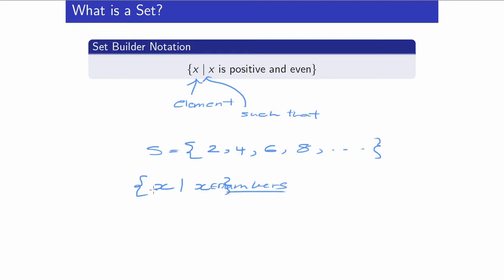Now this could also be done for the alphabet: x such that x is an element of the alphabet. So keep in mind that x doesn't have to be a number. It could be anything, a cat, a dog. It's just saying that it's some general element in the set.